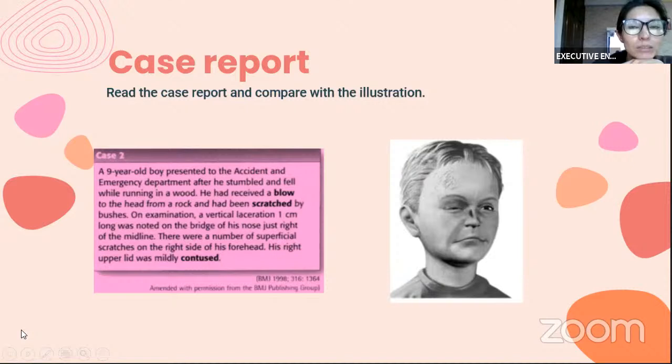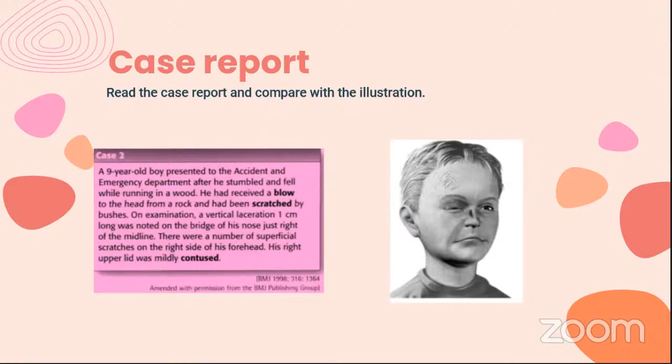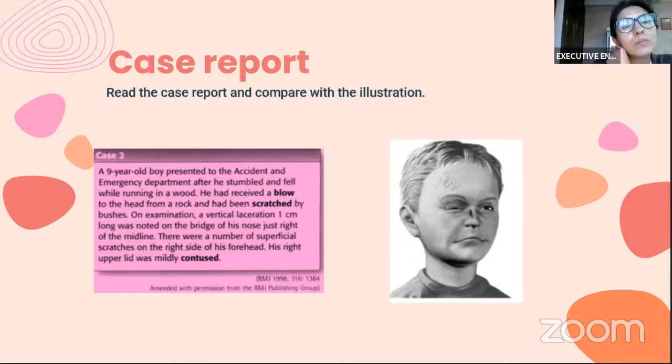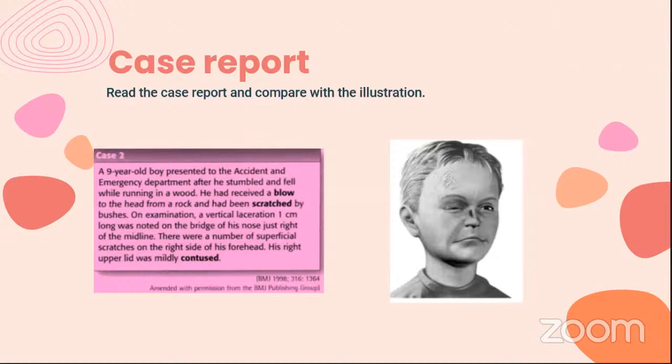So my question would be, did you notice in your experience if some patient went to your consultations or the hospital saying that she or he fell and it wasn't like that? The truth was that he was maybe abused or something.